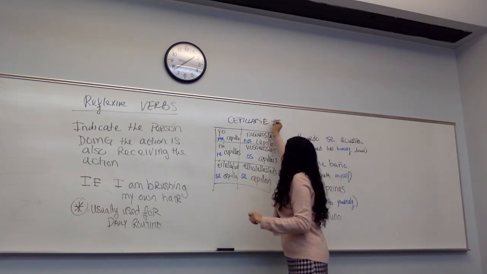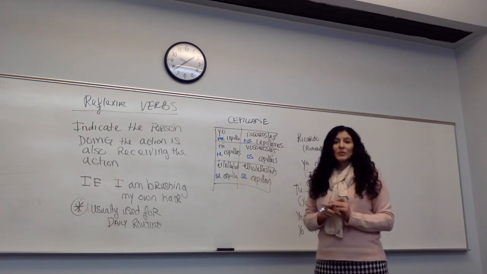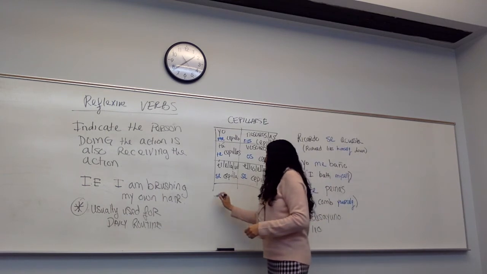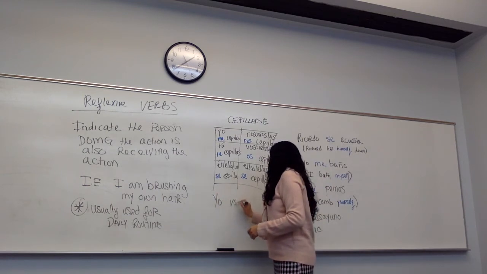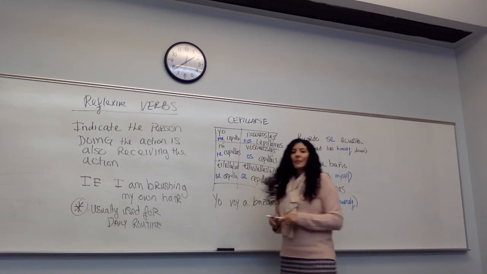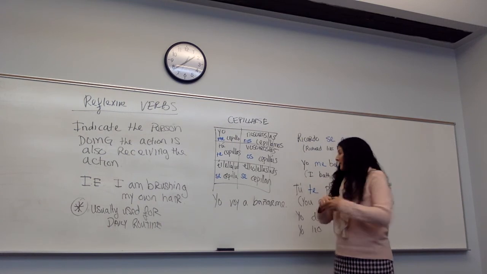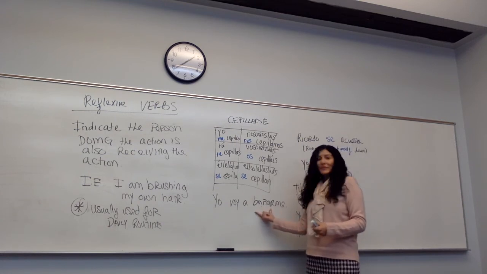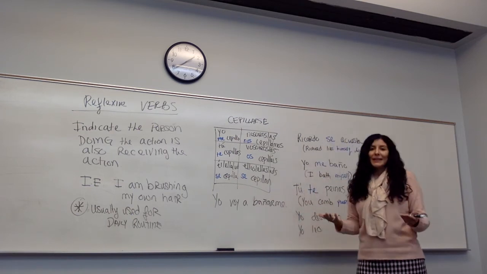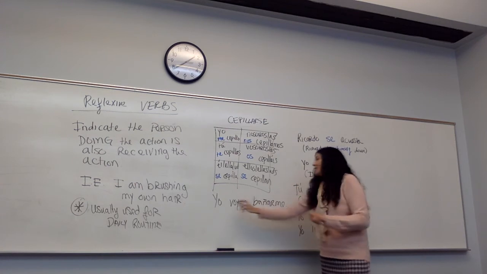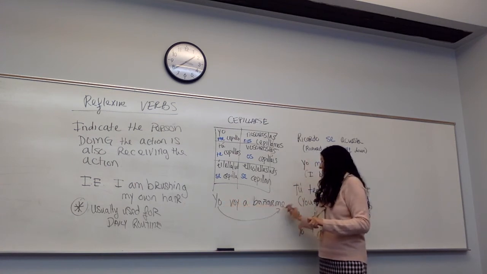Occasionally, there are times when these reflexive verbs are used in their infinitive, like this. I'm going to bathe myself. So I'm using it in the infinitive. In this case, you want to change the se to indicate who is doing and receiving the action.